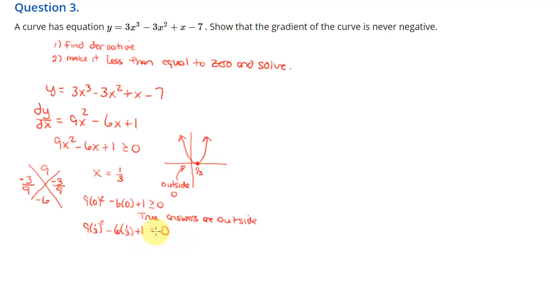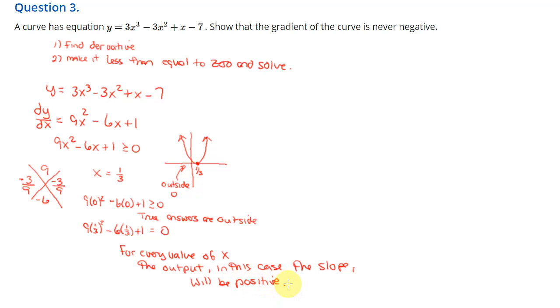So basically what we've done here is we have proven that for every value of x, this formula is going to come up with a positive or a 0 slope, which means that the original function must have all positive or 0 slopes.